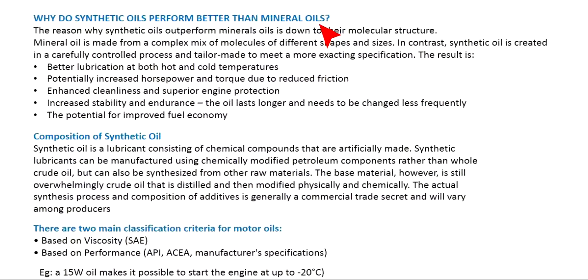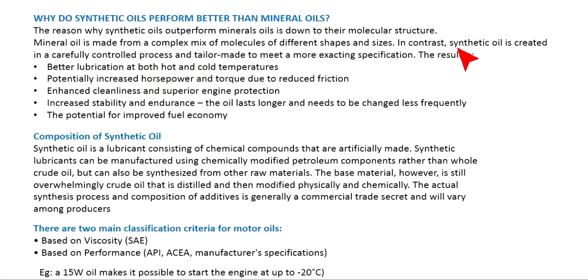Now, what is the reason we prefer synthetic oils over mineral oils as lubricants in engines? The reason synthetic oils outperform mineral oils is down to their molecular structure. Mineral oil is made from a complex mix of molecules of different shapes and sizes.